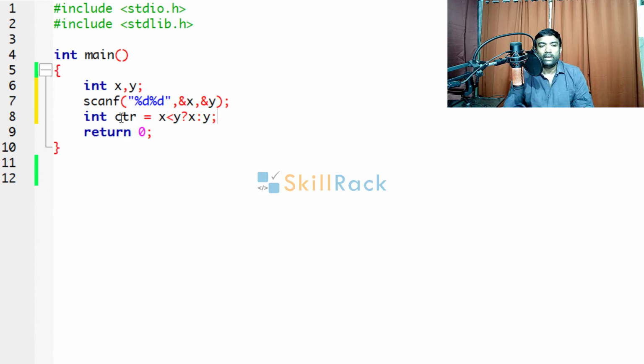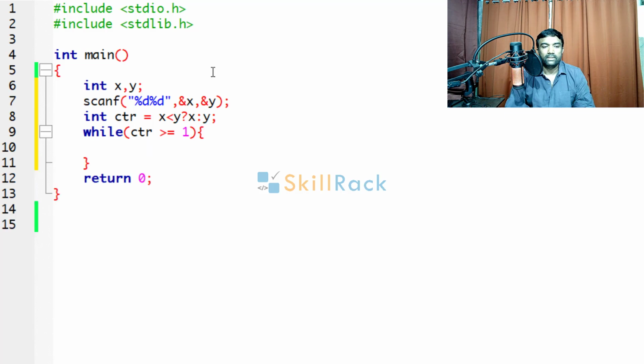So the smaller value will be assigned to counter, while counter is greater than or equal to 1. You can have it like this. So what will happen is when counter becomes 1, anyway it will divide any number because 1 is a factor of all the numbers. Okay.